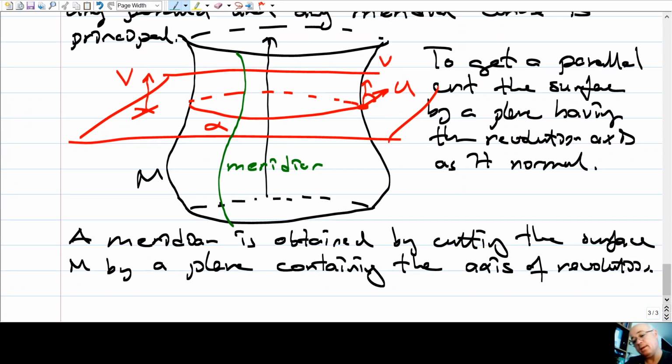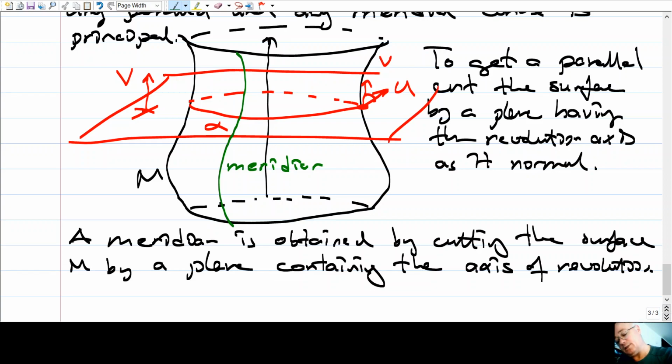In this case, it will always be 90 degrees actually. For example, consider this plane like this. So this is the meridian curve. The normal to this surface at this point points in this direction, but the normal to the plane will point in the direction above the screen.